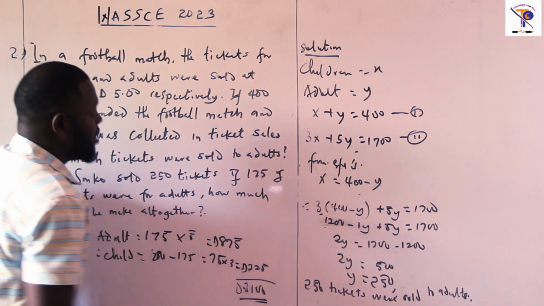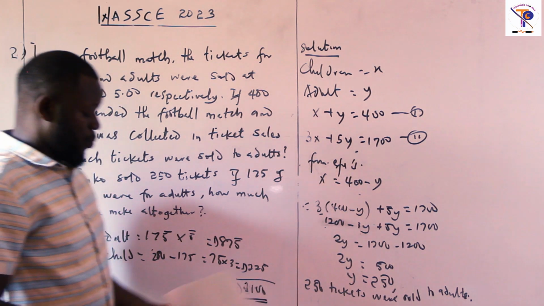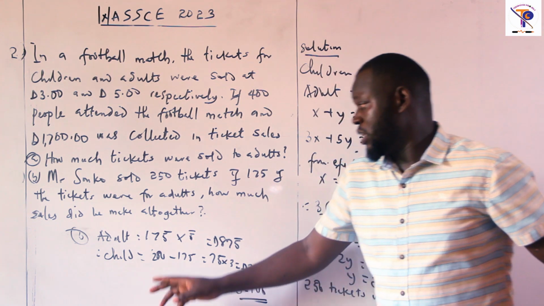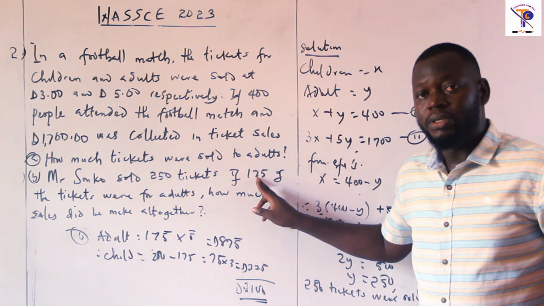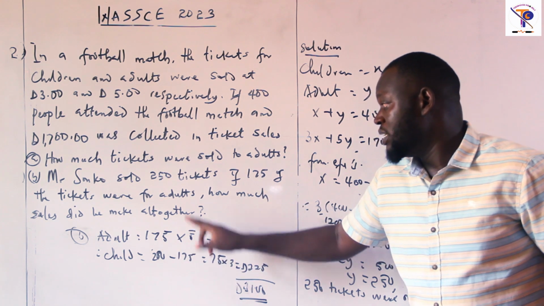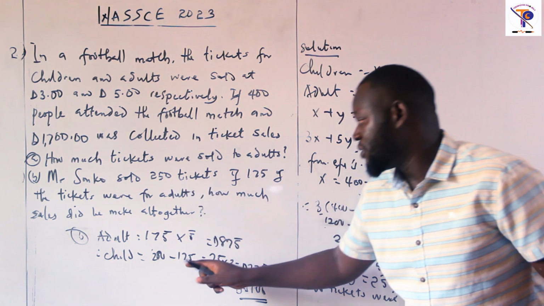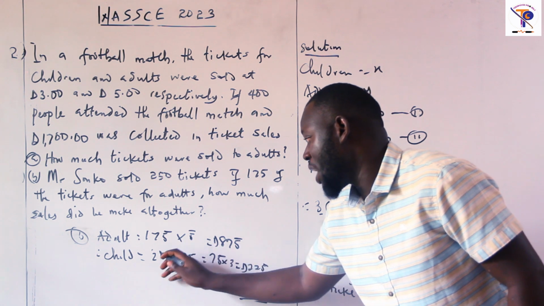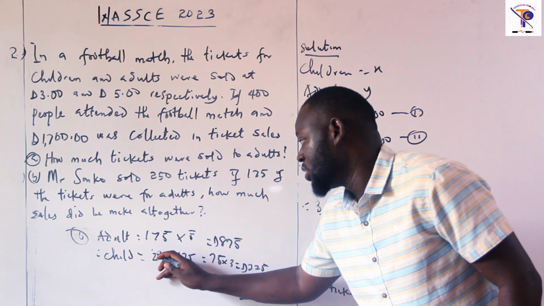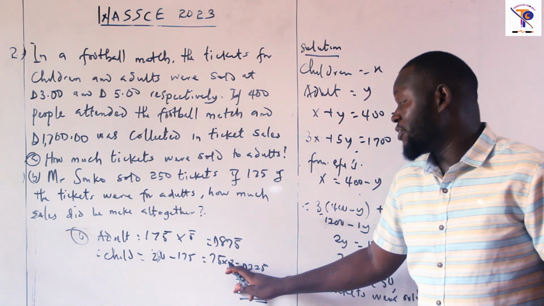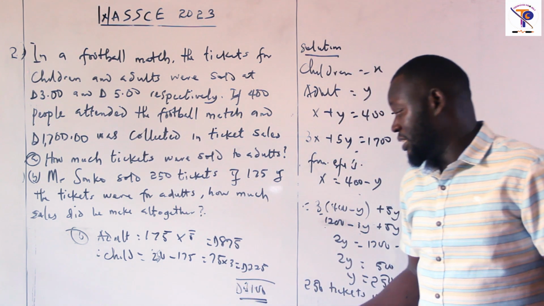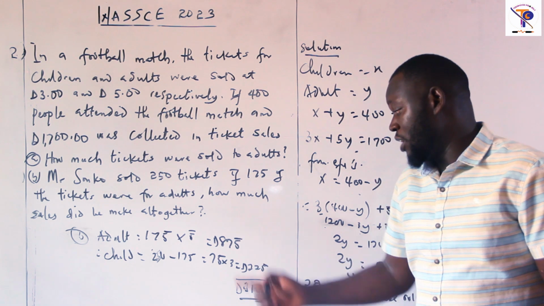So this is what we have. Let me take it again. The adults are 175. Definitely we remove 175 from the 250 that was sold, and we have 75 left. So you multiply 75 by 3, that is the amount for tickets for a child.